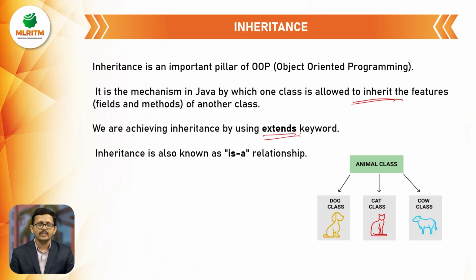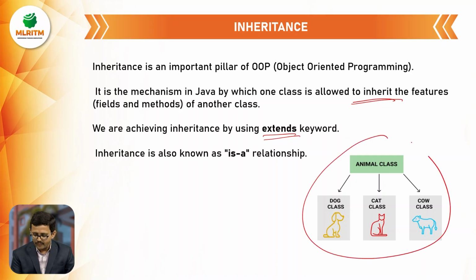By declaring something as extends, we are going to use the class. Inheritance is also known as an is-a relationship. If you see the picture here, we have the animal class. Let us say animal is our superclass. We will be writing some content in that.